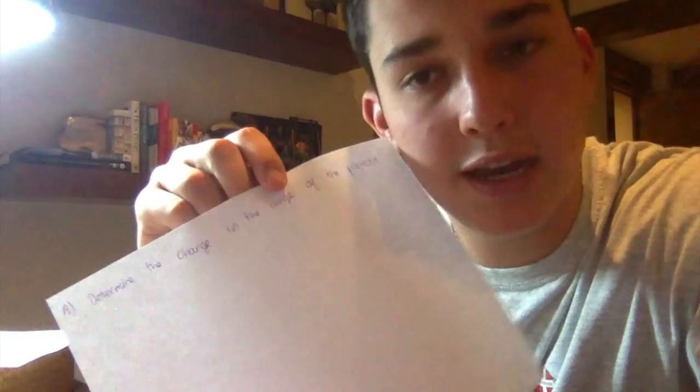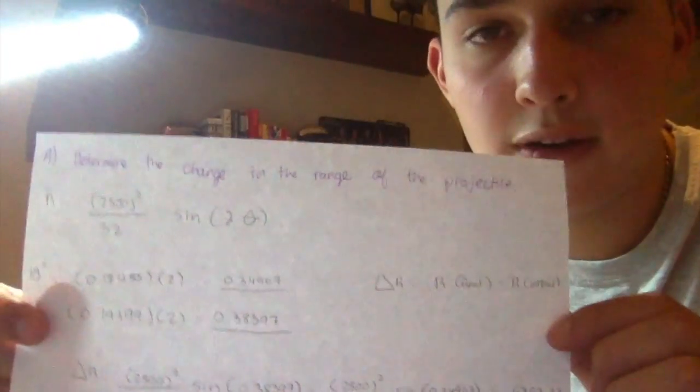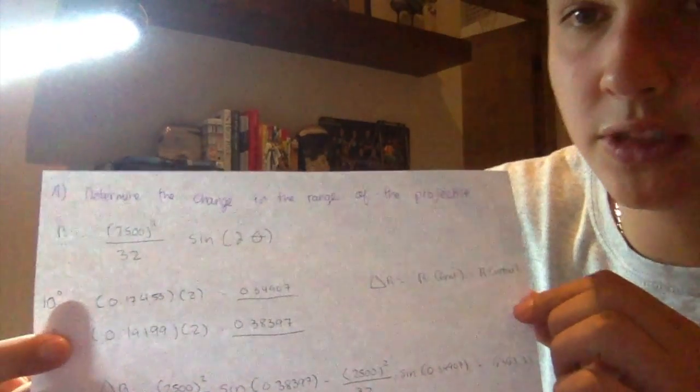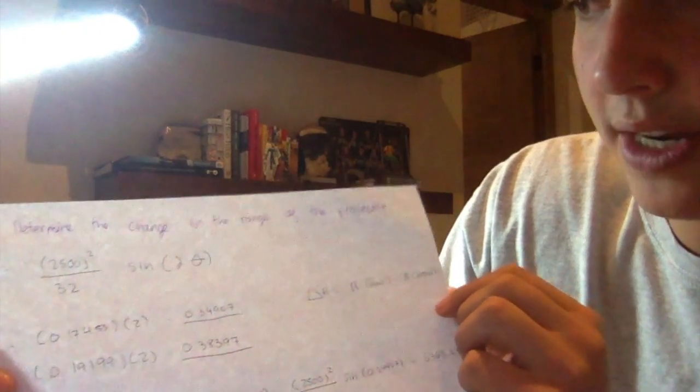So right now I am going to do number A, where we need to determine the change in the range of the projectile. I am going to do all the work, and then I'm going to show the paper and explain step by step. I'm going to show a photo of the work so it can be seen clearly, but I'm just going to explain what I did.